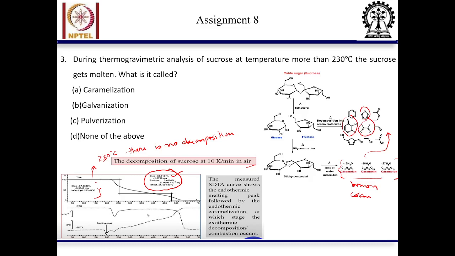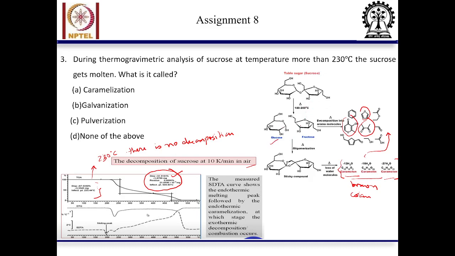What happens in caramelization of sucrose is that it produces the large brown molecules, which are caramelan and caramelin. These are the three compounds which form upon heating of the sucrose. Basically, first we heat the sucrose, the water molecule goes away, and it forms the monomer unit.